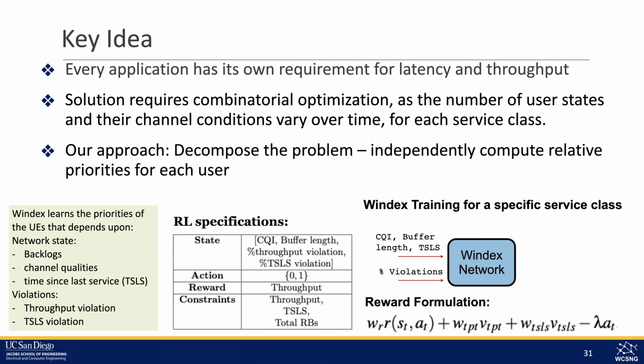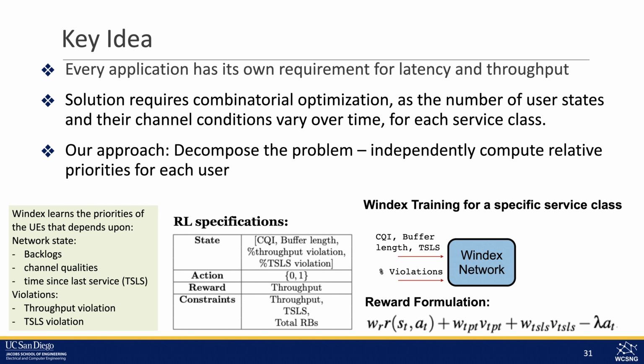The other one which was talked about was Windex, which is basically our priority based scheduler where we have all these different service classes. You have MMTC, MBB, XR, URLLC, all of them have different requirements on throughput and latency. So, each of these applications requires a certain throughput and latency guarantee to get a really good quality of experience.